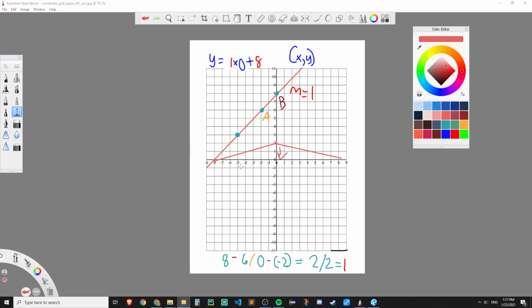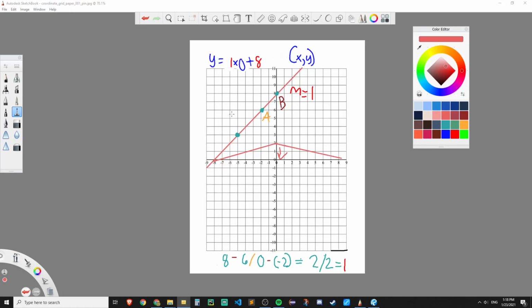The slope of a flat line is 0 because for every point that you go right 1, 0 points you're going up, so that's 0 over 1, which is 0. And the slope of a vertical line is undefined because for every one point that you're going up or down, there's 0 points you're going left or right.